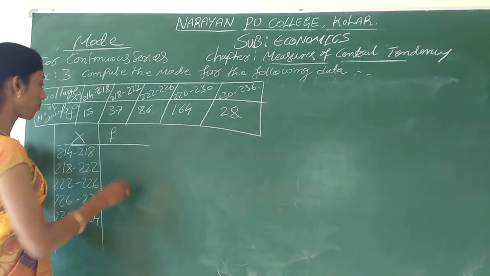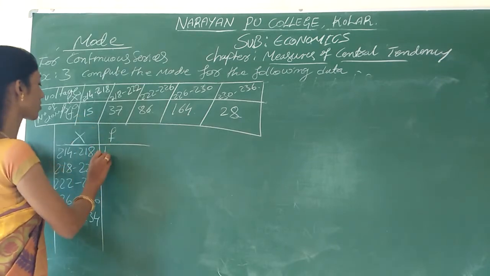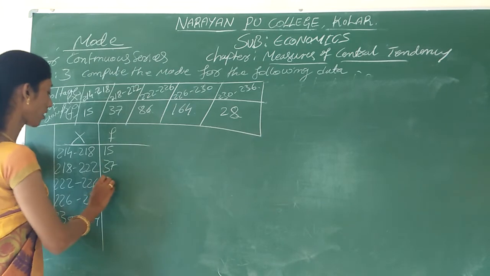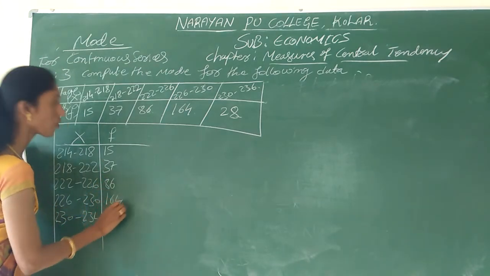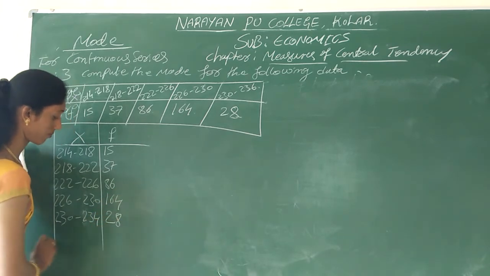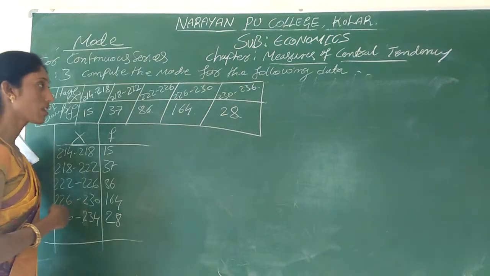Got it now? For number of days it is 15, 37, 86, 164 and 28. Now we have arranged the data in the vertical column.